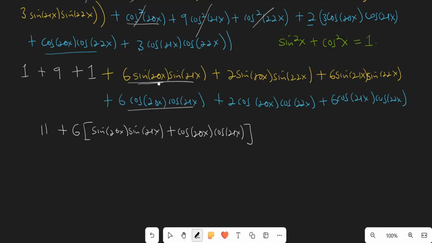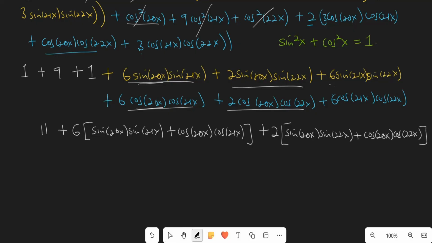That is for this guy and this guy. And then these ones also have 20x and 22x in common, and they have 2 in common. You can factorize that out. You have 2 times sine of 20x, sine of 22x, plus cosine of 20x, cosine of 22x. And the last one, 21x and 22x, you can group that one, and they have 6 in common.